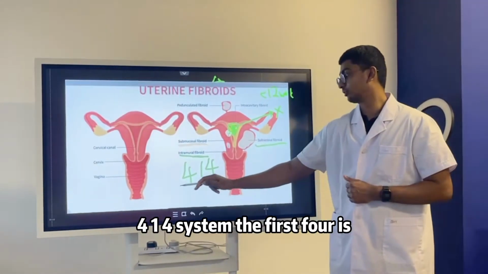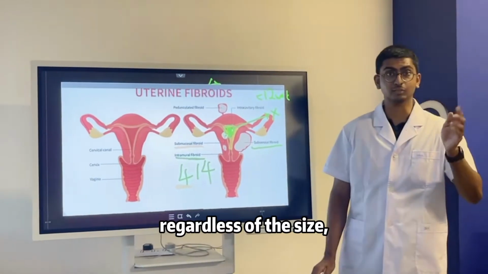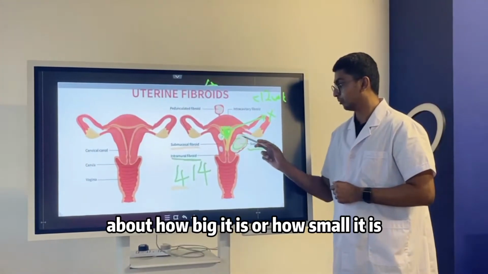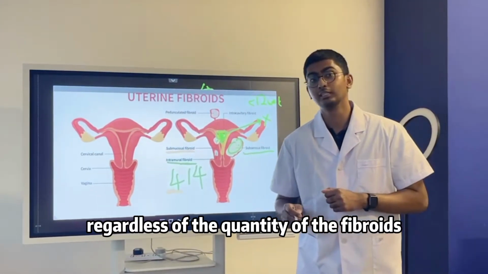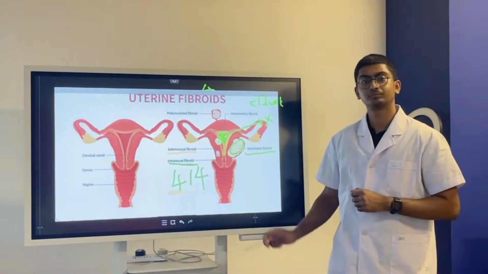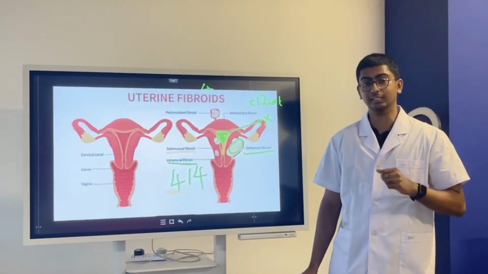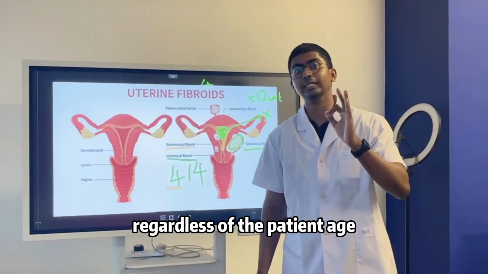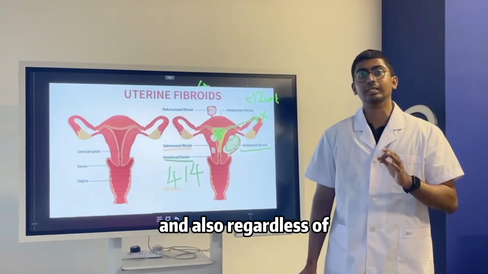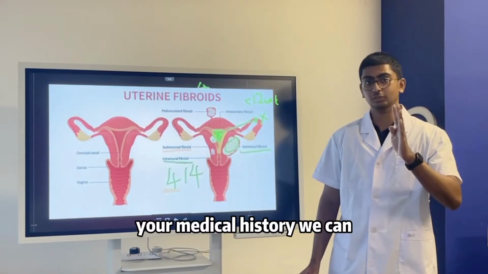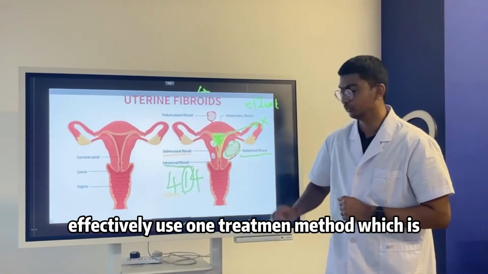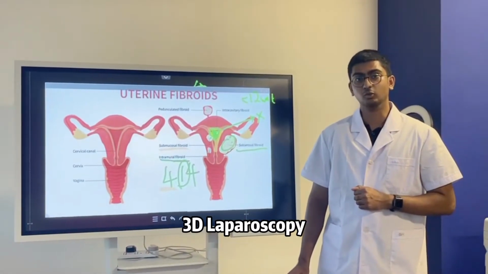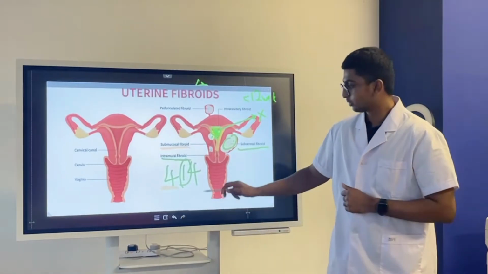The first four is that regardless of the size of the fibroid, no matter how big or how small it is, regardless of the quantity of the fibroids, regardless of how many are inside the uterine cavity or outside the uterine cavity, and regardless of your age, and also regardless of your medical history, we can effectively use one treatment method, which is 3D laparoscopy and hysteroscopy.